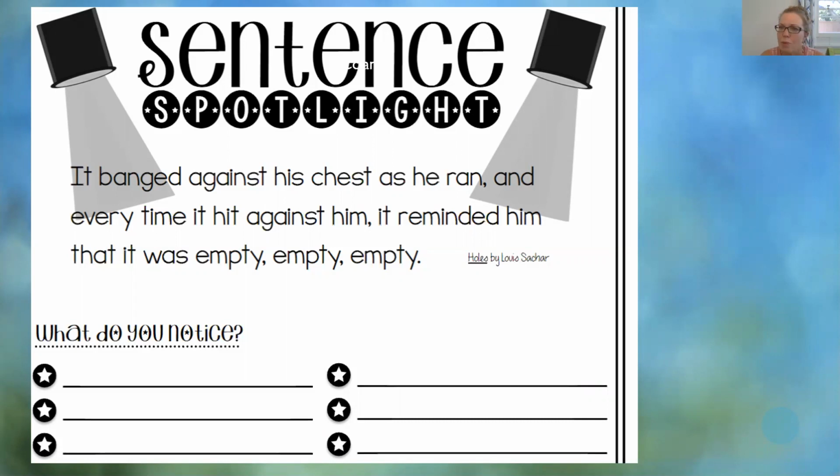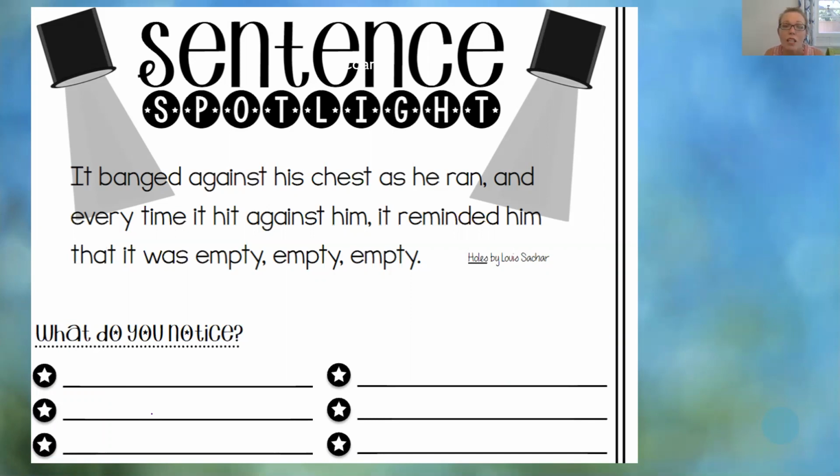The sentence is from the book Holes. It banged against his chest as he ran, and every time it hit against him, it reminded him that it was empty, empty, empty. So my question to you first, right off the bat, would be, what does that empty, empty, empty do?